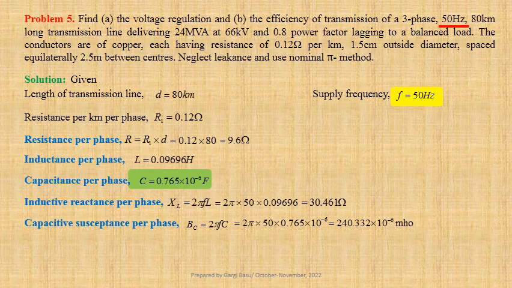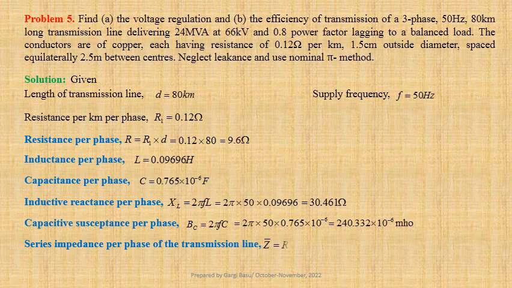Now we shall determine series impedance per phase of the transmission line. Z equals R plus JXL, that is equal to 9.6 plus J times 30.461 ohm.